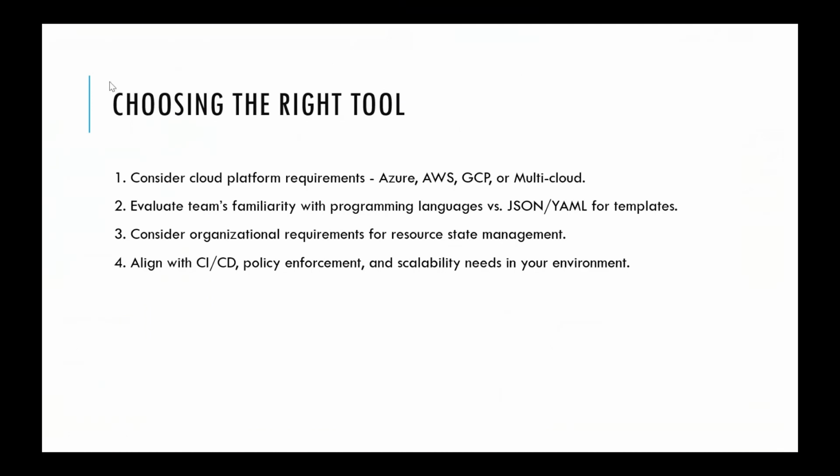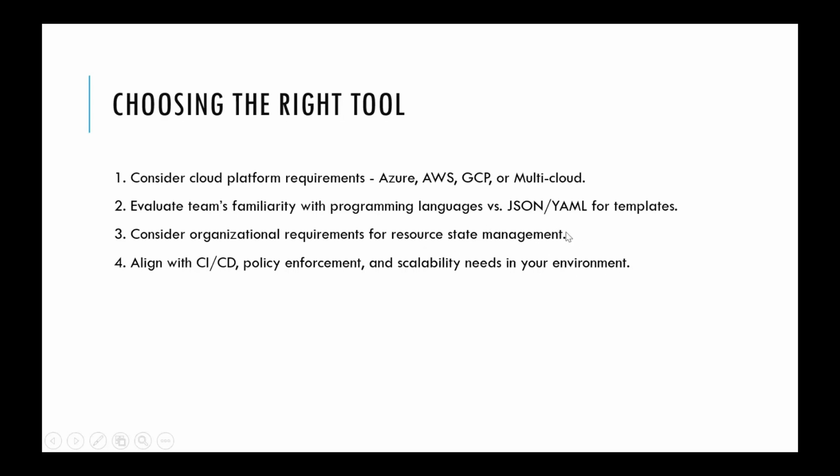Okay, so if your requirement is to create IaC resources in multiple clouds, you can go for Terraform. But in case of Terraform, you will have to manage the state file, and you will have to store it in a remote location, or it can be local as well.